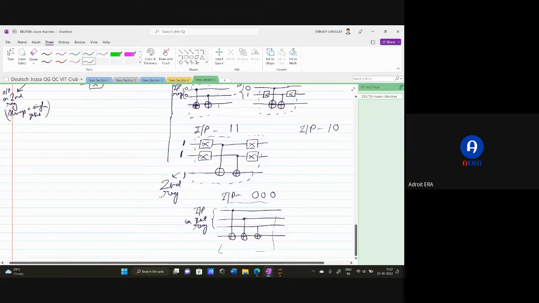This is your oracle. This input is 3 qubits, starting with 0 0 0. And similarly, if you have 0 0 1, then here an X gate will be put. Just wrap the selected control.